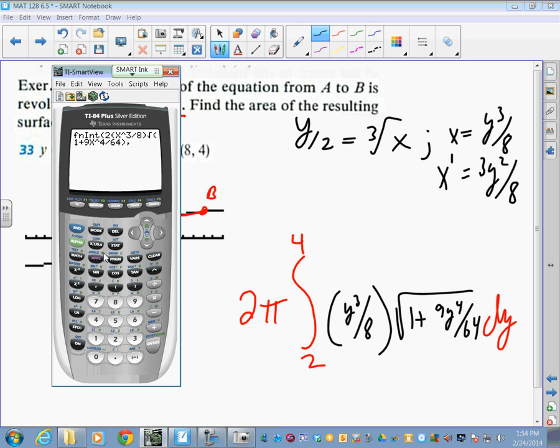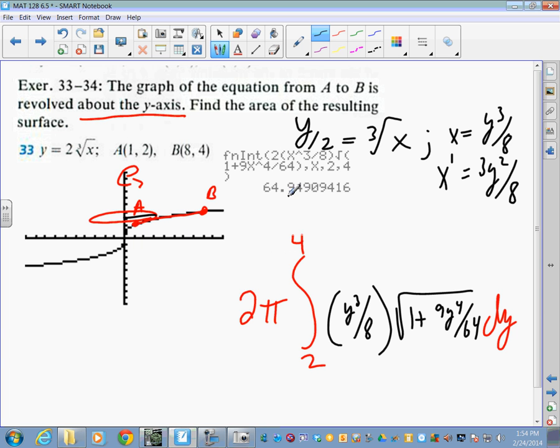Then we have the bound of 2. So that's 69.95 pi.